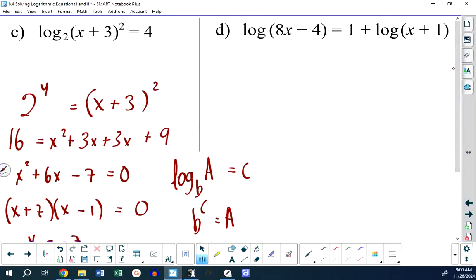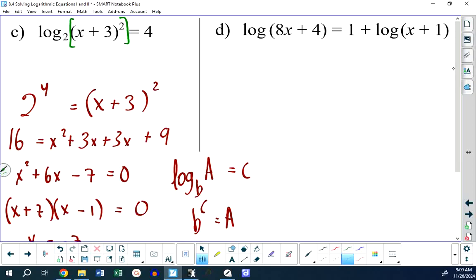And the answer is yes, because the argument is something squared. The original equation is the base 2 logarithm of that. So it doesn't matter what x is, when you add 3 to it and square it, you're going to get a positive. There is one exception.